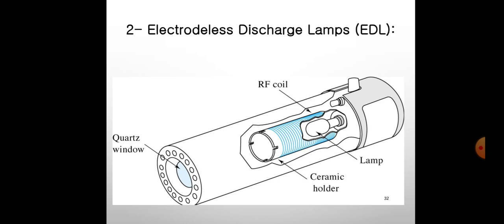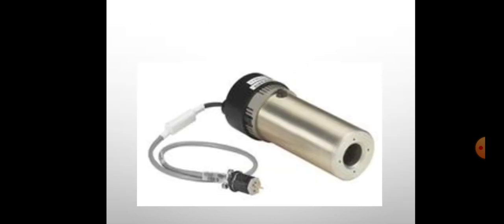This type of lamp is 10 to 100 times more intense than the HCL lamp, but they are more expensive also. These types of lamps are not very common because they are expensive, and the hollow cathode lamps are more common. This is another picture of the EDL lamp.